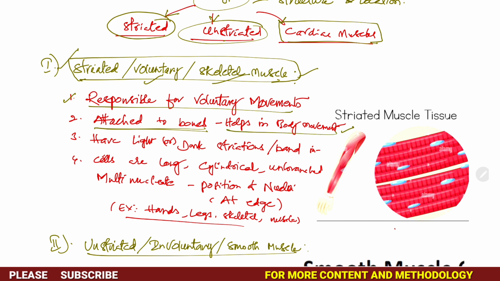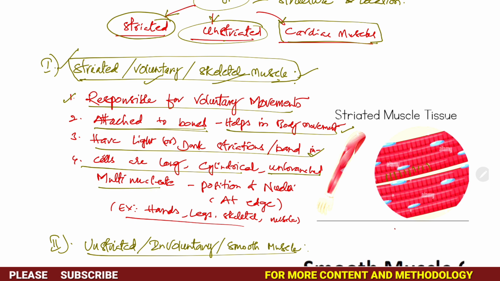These muscles have light and dark bands or striations on the muscle, hence they are called striated muscles.